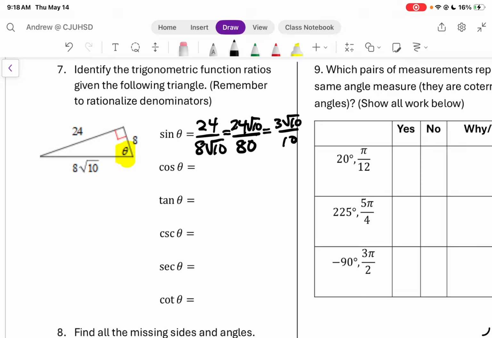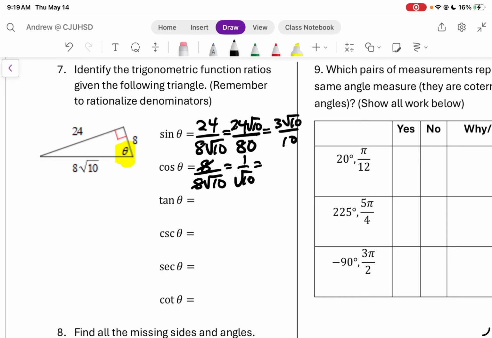The cosine is 8 over 24. The tangent is, oh, sorry, that's not right. Let's go back. Cosine is 8 over 8 root 10. Okay, the 8's cancel. 1 over root 10.